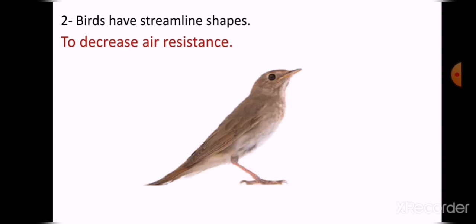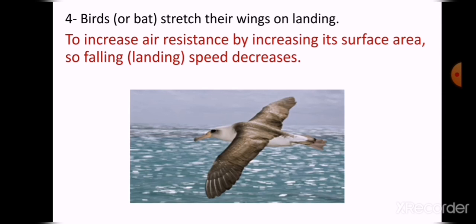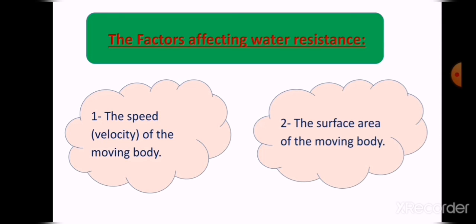And the birds also have a streamlined shape, also to decrease the surface area. And the parachute or birds stretch their wings to increase the surface area to increase the air resistance, so falling or landing speed decreases, so they land safely. And the factors affecting the water resistance are also the speed and the surface area.